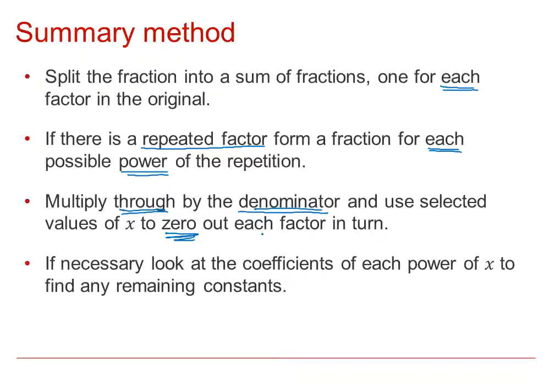So you look for helpful values of x to make the working as easy as possible. If necessary, you could let x equal 0 as a third method, but quite nice is to look at the coefficients of powers of x, particularly the x squared coefficients is often the easiest one to find.